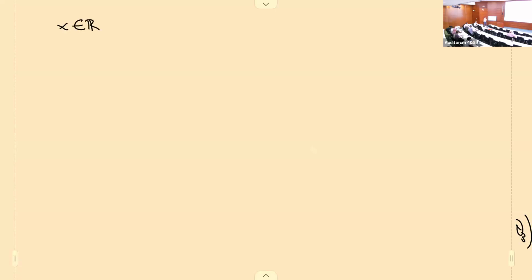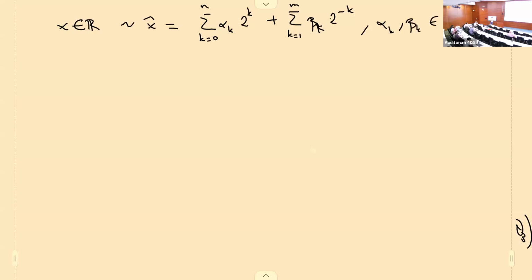Of course, there's one very simple way of doing it, which is, well, I approximate it by X hat, and then I do a binary decomposition of X hat. So something like the sum of alpha k times 2 to the k, k equals 0 up to n, plus the sum of beta k times 2 to the minus k, k is 1 up to m. That's a binary decomposition where all the alphas and the betas are in 0, 1.